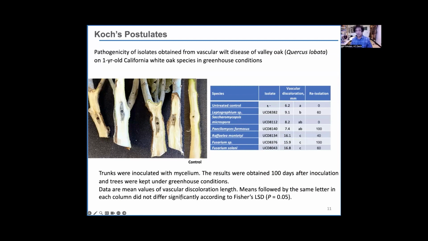This is the untreated control. As you can see, there's a small amount of discoloration on the control, which is natural to that part of the plant. But when you look at the other species, right here is the vascular discoloration. Fusarium solani and Fusarium species seem to be the most aggressive, followed by Raffaelea montagiae, as you can see right here, and then followed by the other fungal species.